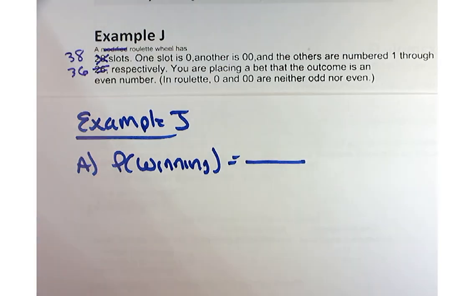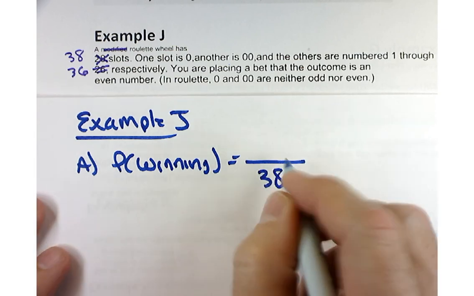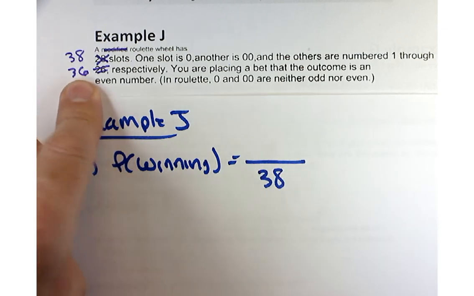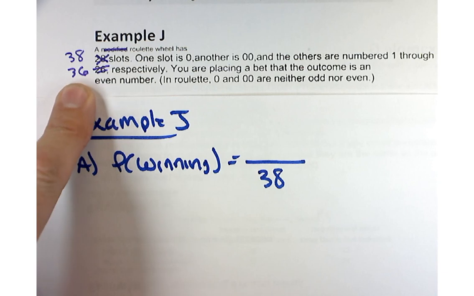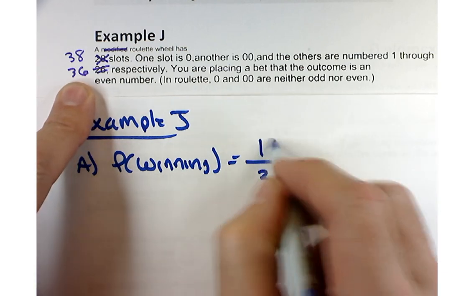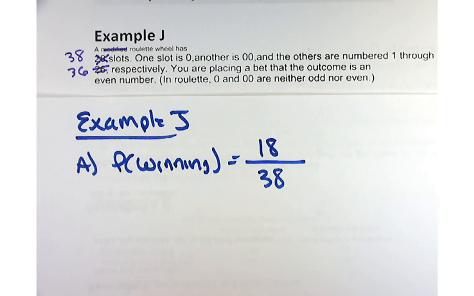Well, how many slots could that ball fall into when you spin the wheel and roll it? 38. Only half of those, half of this number, are going to be your even numbers. So what's half of 36? 18. Nice. So that's your probability of winning. A little bit less than 50%.